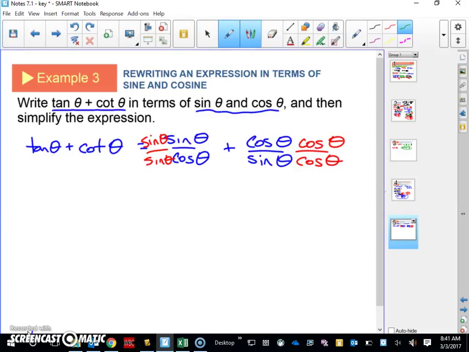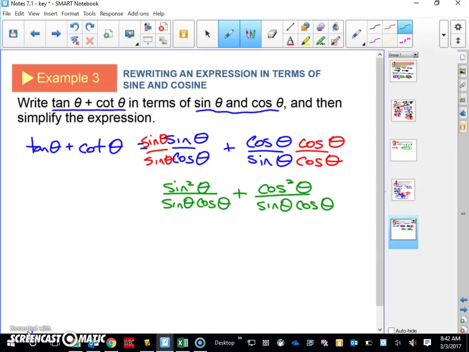So if you clean that up a little bit, sine theta times sine theta is sine squared theta over sine theta cosine theta. And cosine theta times cosine theta is cosine squared theta. And this one's over sine theta cosine theta. You have a common denominator now.